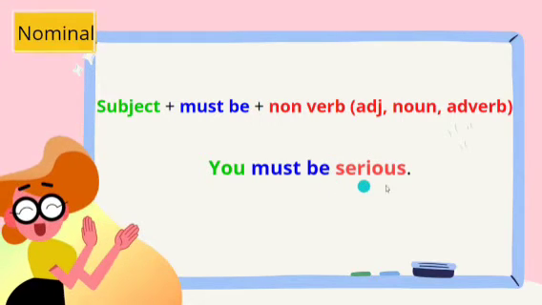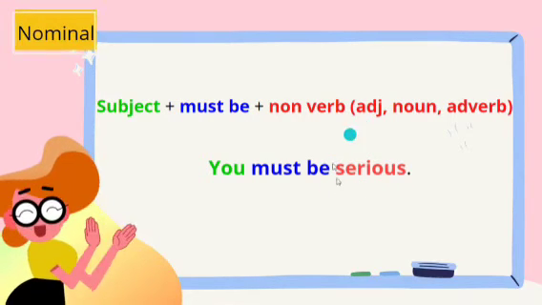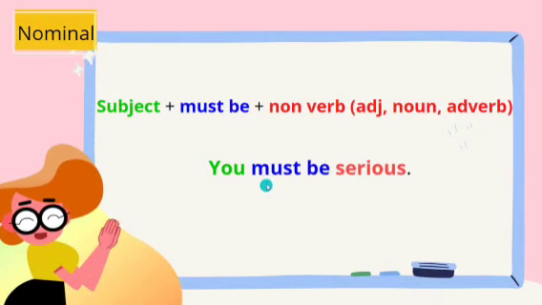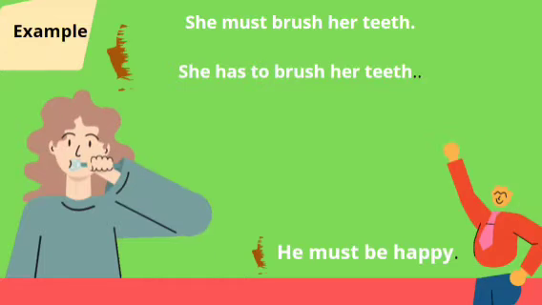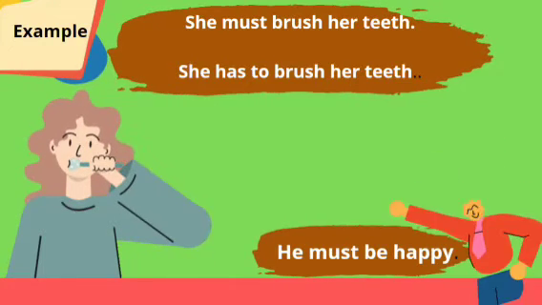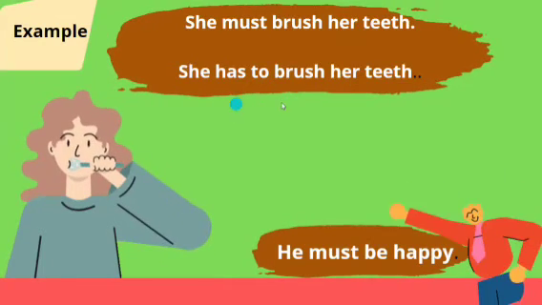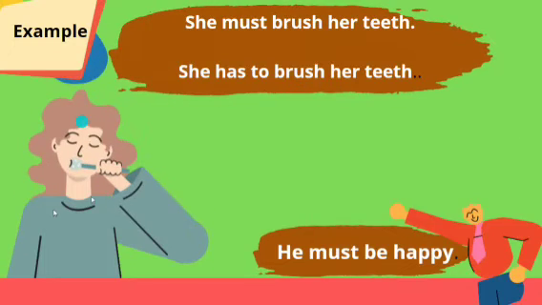These are other examples. Look at the picture. There is a girl or a woman holding toothbrush, yeah, because she is brushing her teeth. And then I make sentence. She must brush her teeth. Or she has to brush her teeth. And now look at the second picture.